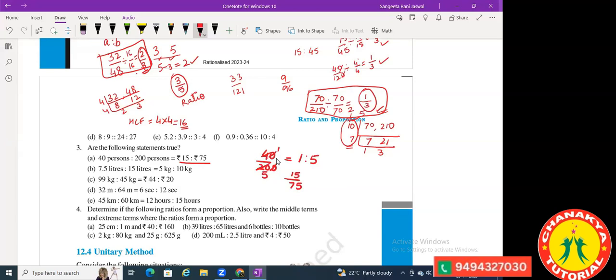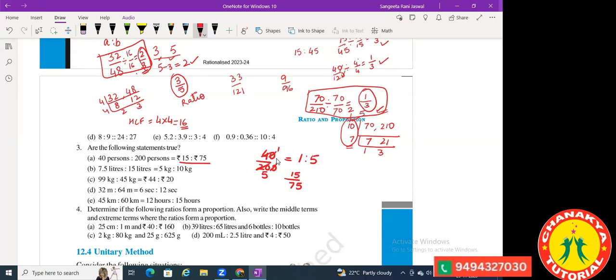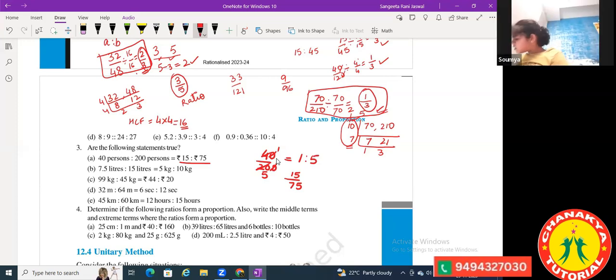Reduce it to lower form. 15 by 75, Soumya. I want the answer from Soumya. Others, please try the rest of B, C, D part. Quickly, those who have done, please move on to the next parts. Soumya, you tell me the answer. What have you got in the lowest form?